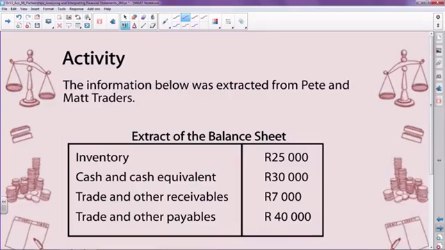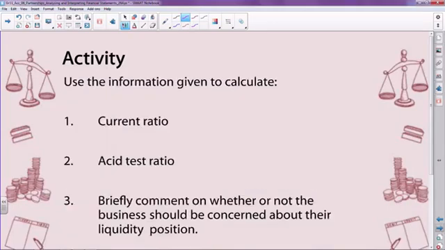You've got inventory given to you at 25,000, cash and cash equivalent 30,000, trade and other receivables 7,000, and then you've got trade and other payables an amount of 40,000. So I want you guys to calculate the following for me.